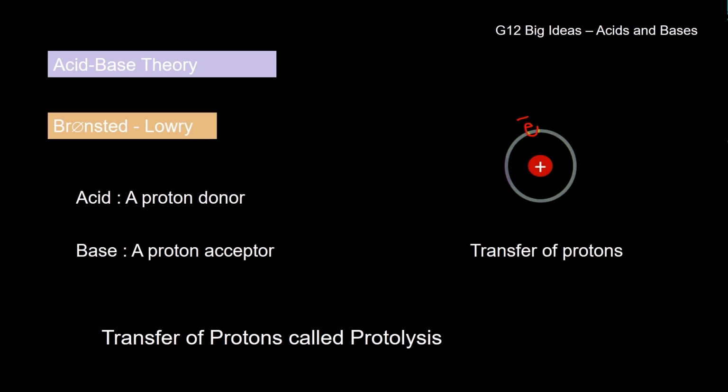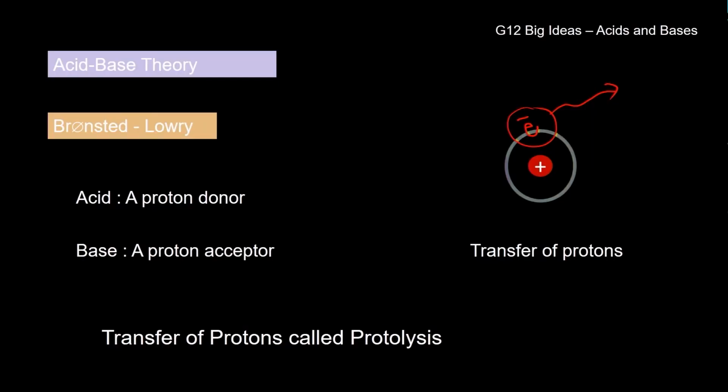Now, when that electron is given away, we sit with a naked hydrogen ion. It has nothing to protect it. It is purely a single proton. Their theory is talking about this substance, the H plus ion, known as a proton, one single proton. So an acid is a substance that is going to give a proton away.